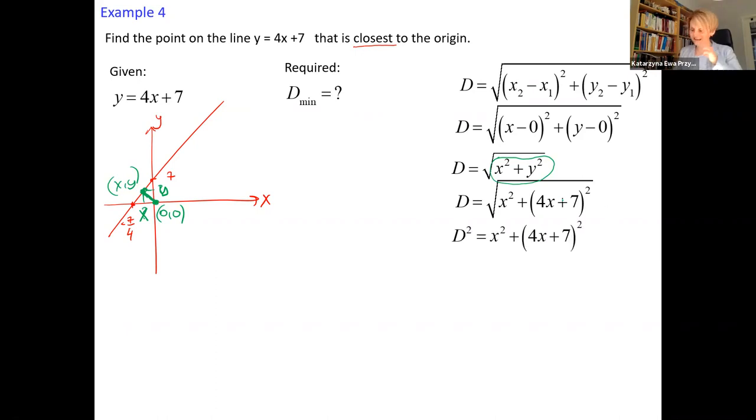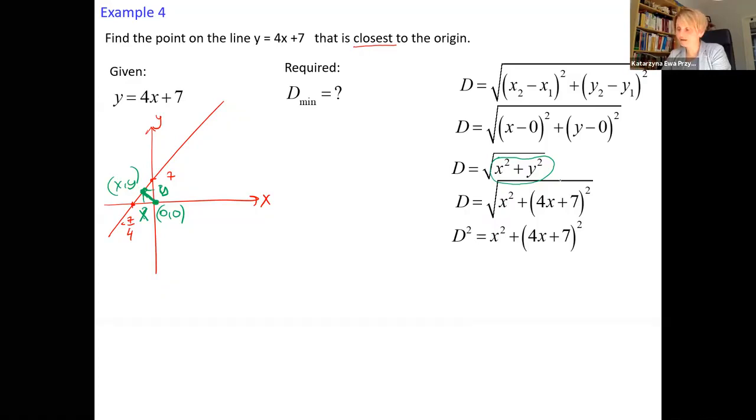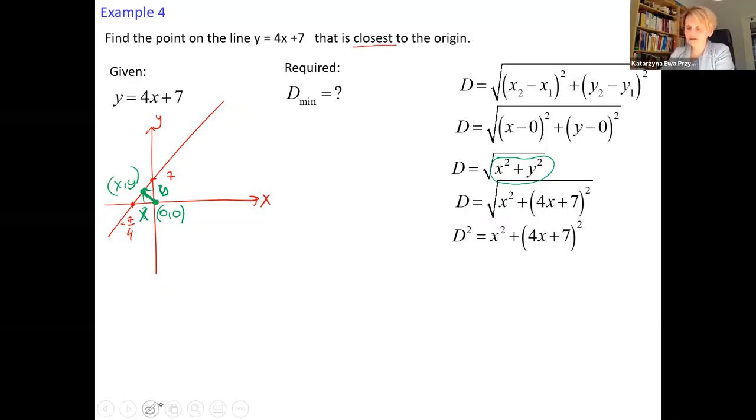Now, to be mathematically correct, I square both sides. That means instead of having a function d, I will simply have the function d squared. We're not doing anything special, it's just the name, d squared, because what I'm trying to do is minimize the quantity inside.